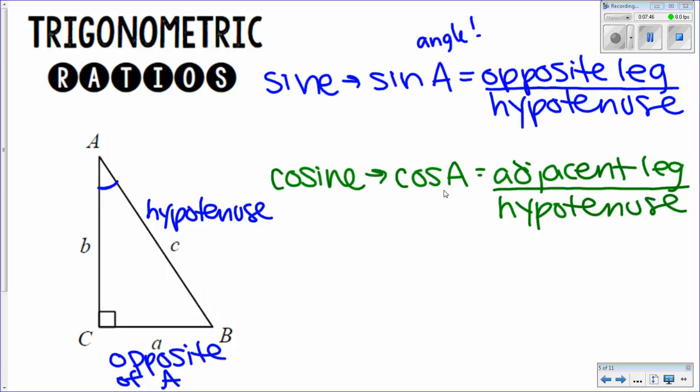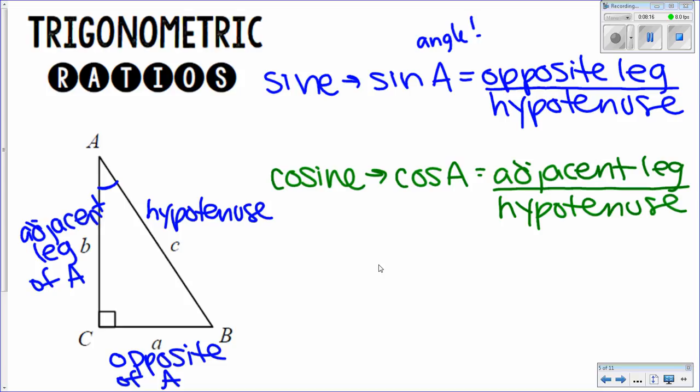Based on some angle, you're comparing your adjacent leg to your hypotenuse. Looking at this picture again, adjacent to angle A is going to be this side B right here. Make sure these have to be legs, which is why your hypotenuse is not an adjacent. While it is next to A, it's the hypotenuse, so that wins out. But this is the adjacent leg of angle A.